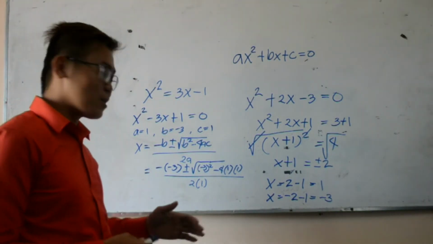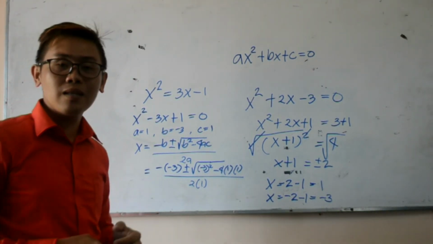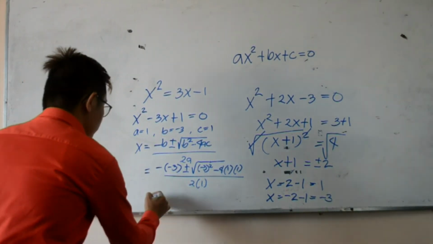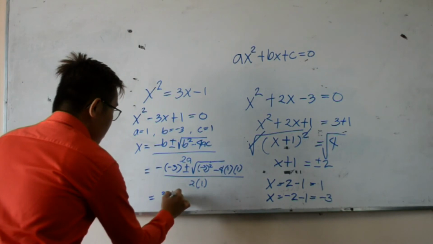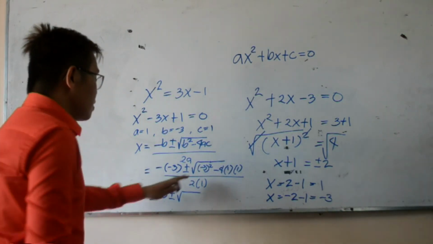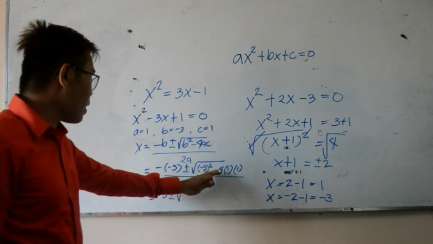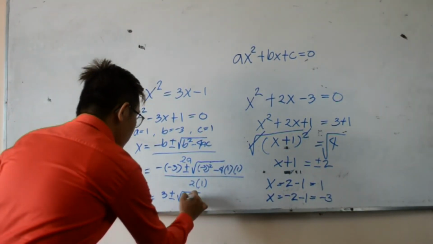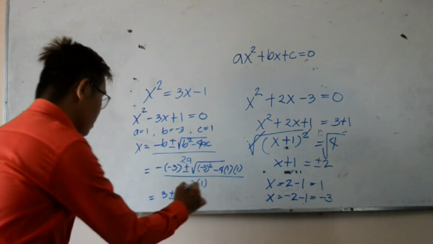Then, we have to simplify. After substituting it, we need to simplify the expression. So, we will come up with 3 plus and minus the square root of negative 3 squared is 9 minus 4 times 1 times 1 is 4. Then, we have the square root of 5 all over 2.